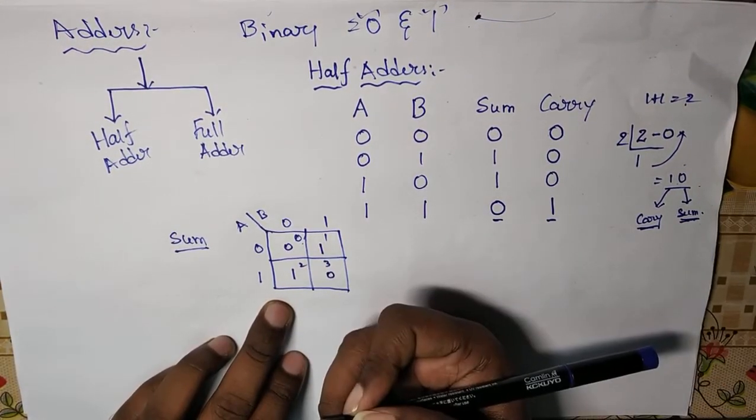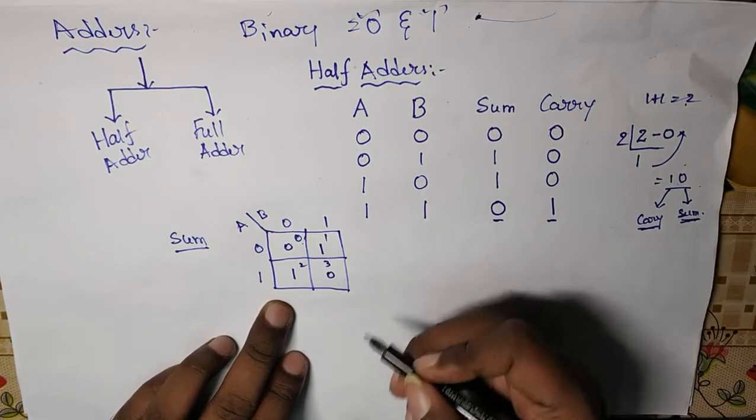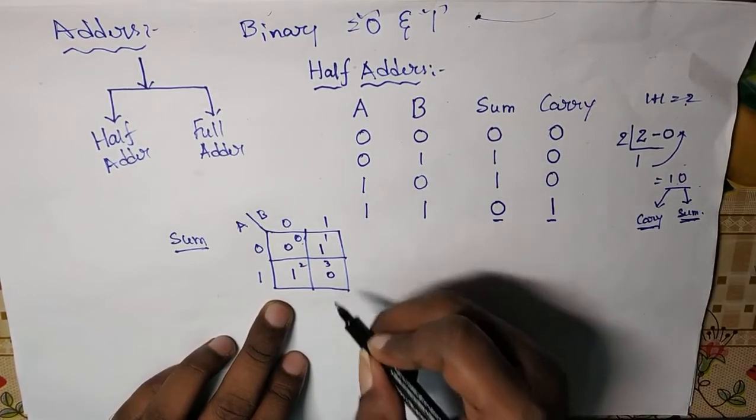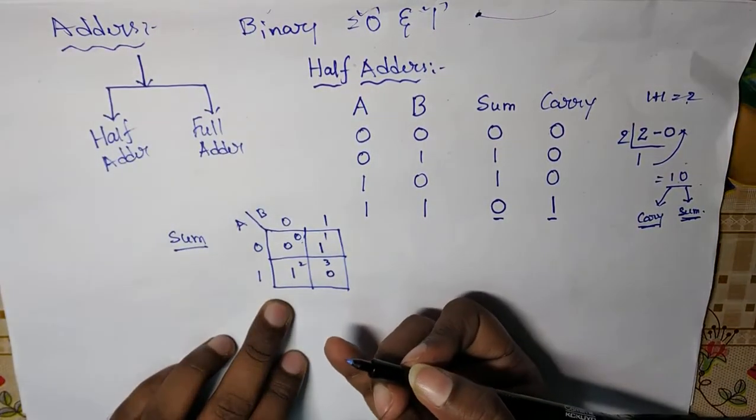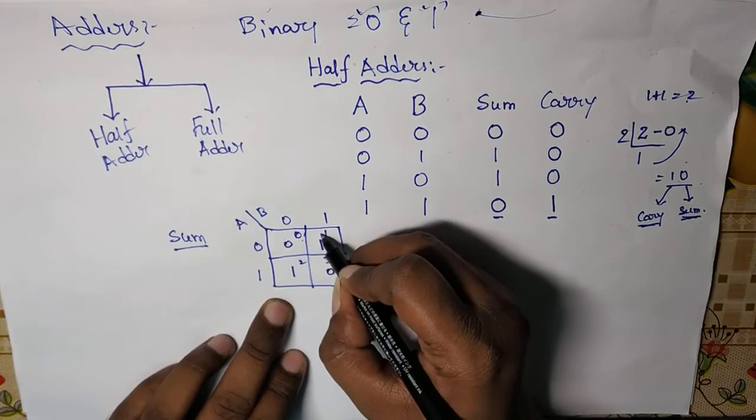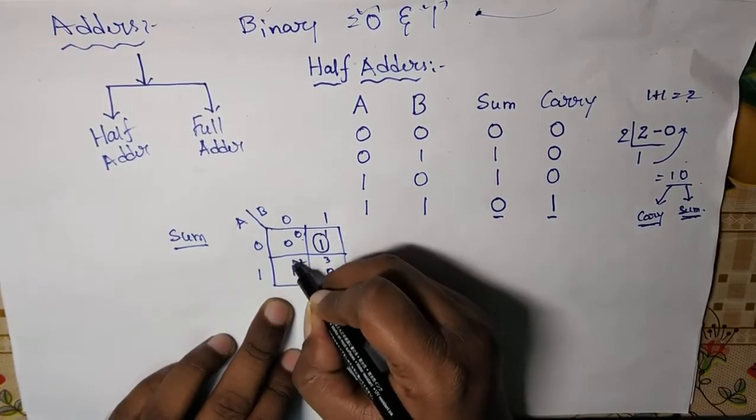My intention is to provide a sum of products, or minterm values, for this sum value. We cannot group; the dual pairing is also not possible over here. The possible grouping that can be done is a mono grouping or single grouping.